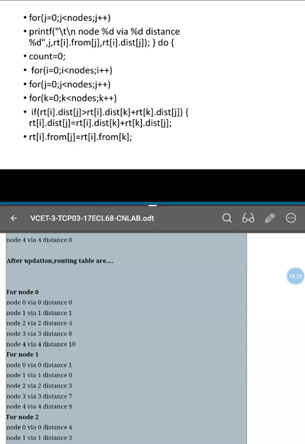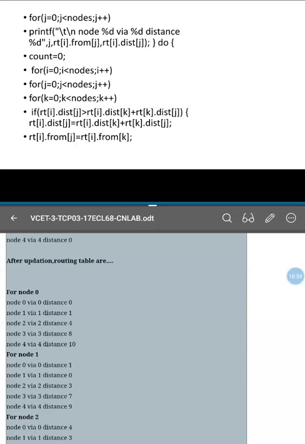So this process will be run from each and every node. So this will be 5 times, and this can go 5 times. So 5 into 5, 25 times. Then once again this can go 5 times, so 25 into 5. So altogether around 125 times this will be run. So this is a loop.